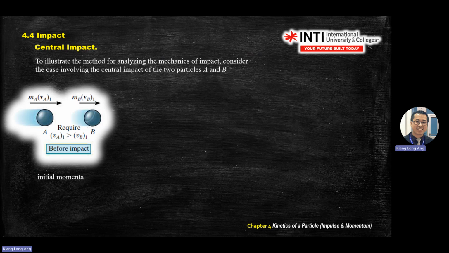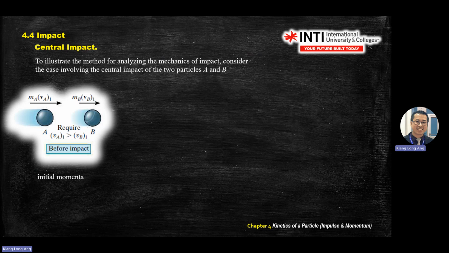So before impact, we have this case, m_A v_A and m_B v_B. You know that the momentum of A is bigger than B because its velocity is higher. We assume the masses are the same. Imagine we are having a snooker game.